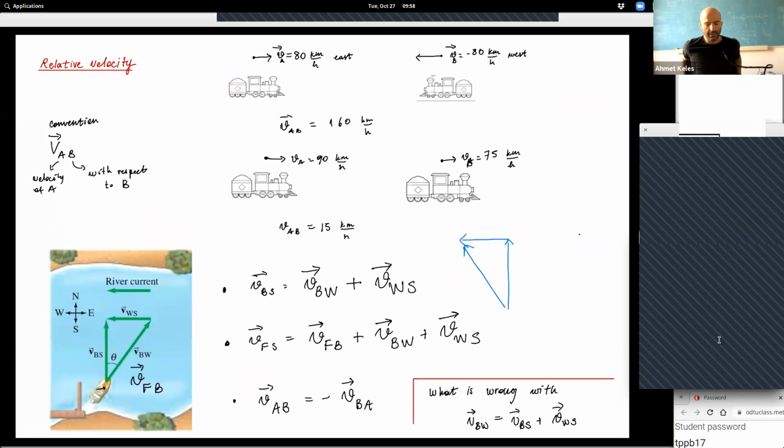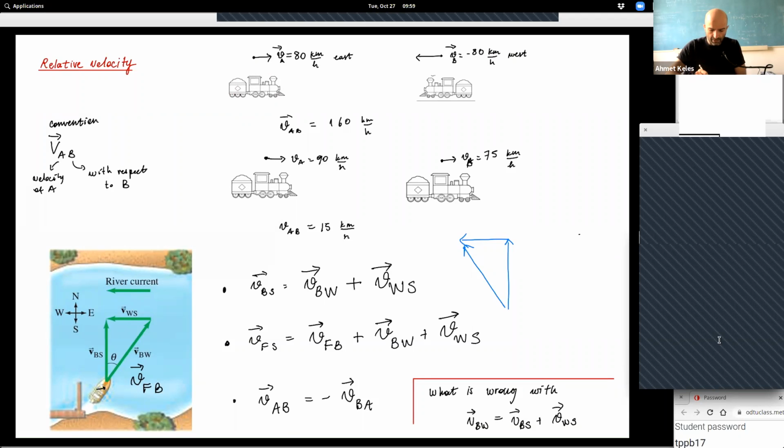As we talk about velocities and acceleration, now we'll talk about relative velocity. Here's how it works. Imagine you're going on a train with some velocity, let's say 80 kilometers per hour east. And you ask yourself, what's my velocity? It's your velocity with respect to a fixed spot on the ground.